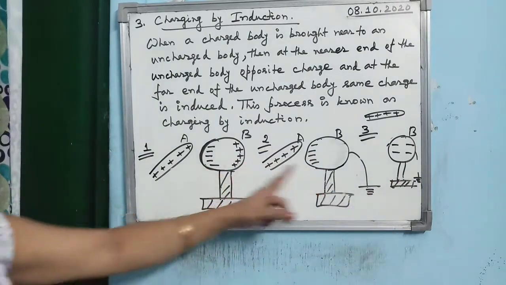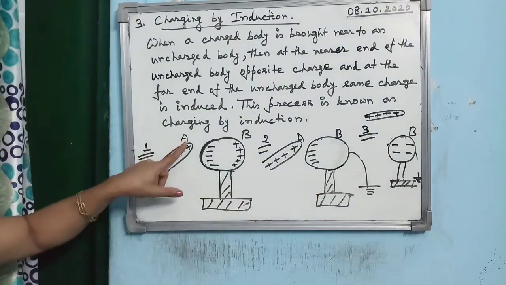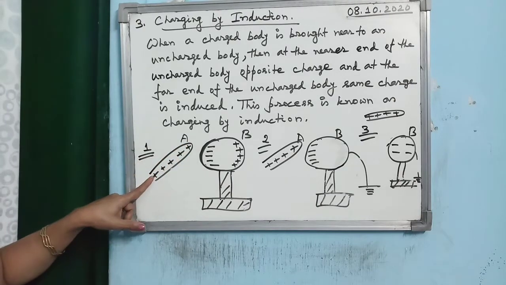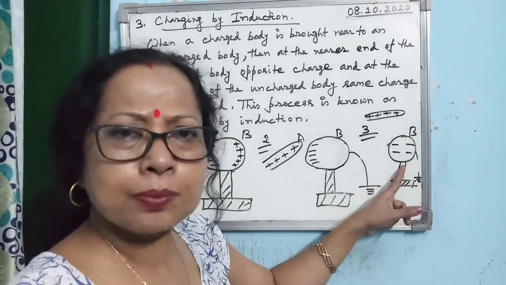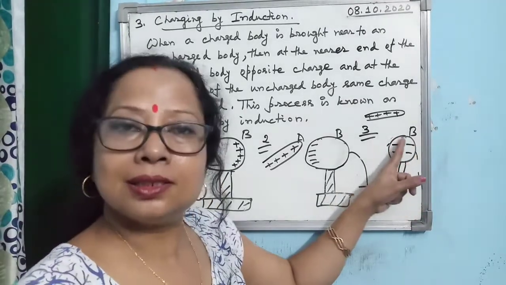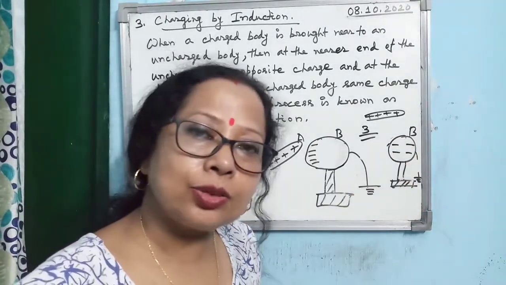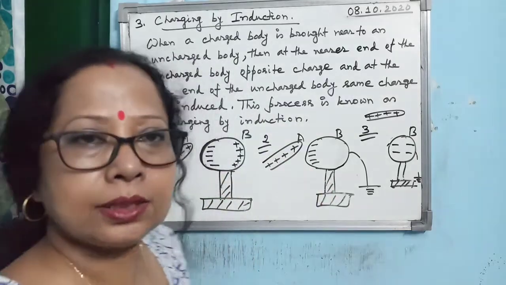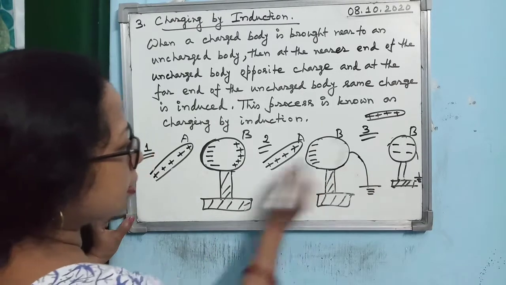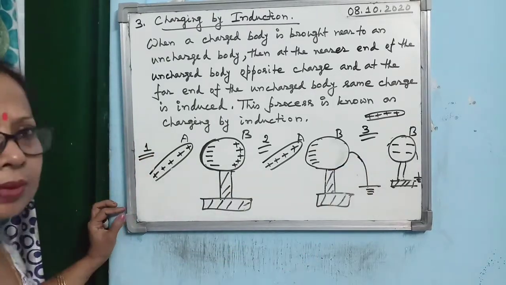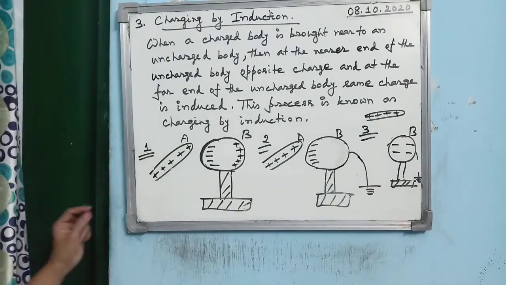So when charging by induction takes place, the charged body was positively charged, and what kind of charge have you got in the uncharged body? Opposite kind of charge. But in case of conduction, what kind of charge did we get? Same kind of charge. Alright. If you want, you can draw these three steps diagram for better understanding.